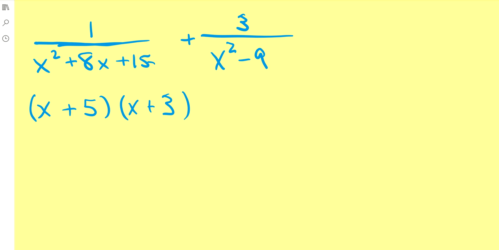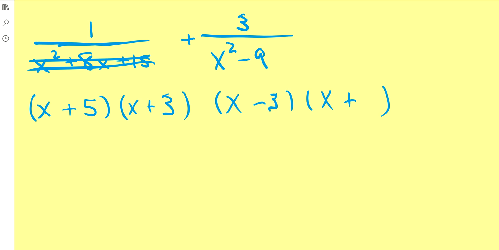And now, so this is gone. And now I'm going to factor this denominator. This is a difference of two squares. And when I factor the difference of two squares, I've got x and x, minus and plus, and 3 and 3. All right, so now this is gone.